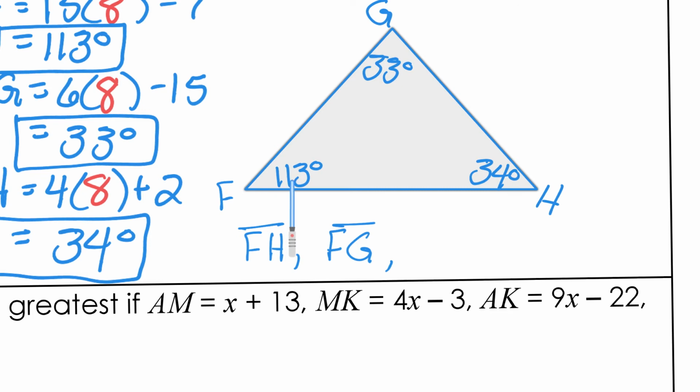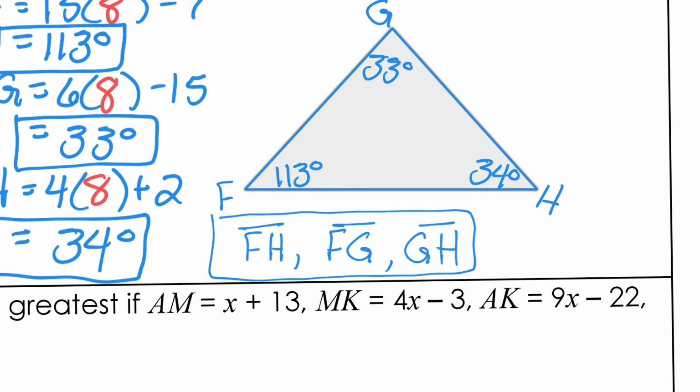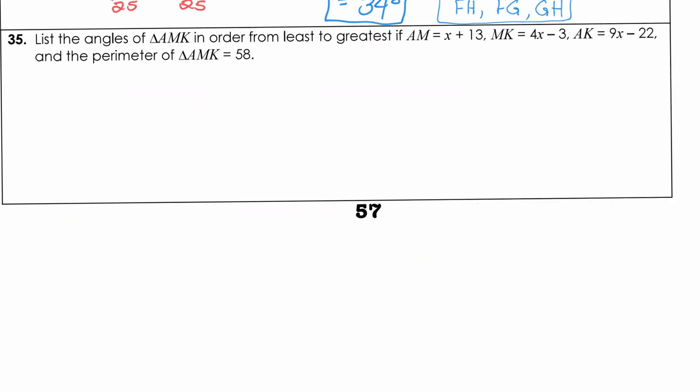And finally, the largest angle of 113 degrees, opposite is GH, which is going to be the longest side. And that's how you get your side lengths from the shortest to the longest.